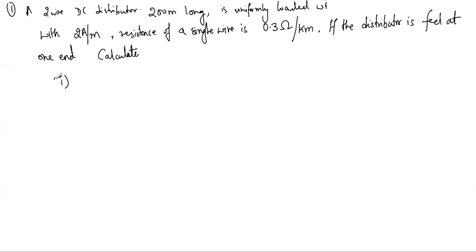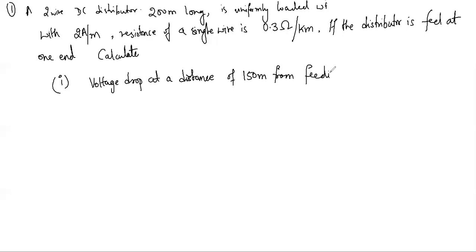Calculate first the voltage drop at a distance of 150 meter from the feeding point. Here the feeding point is considered to be A, that's why I am writing A here.